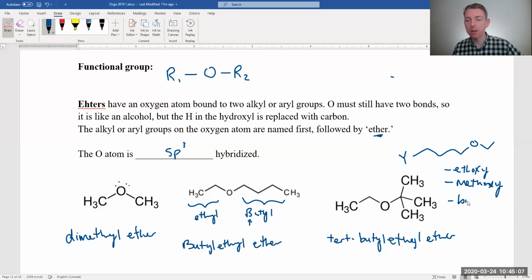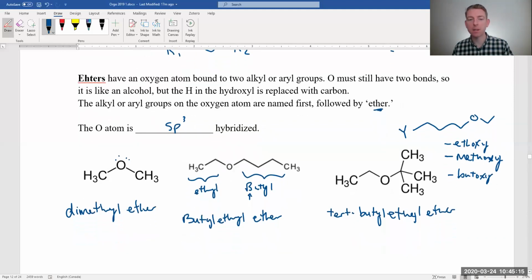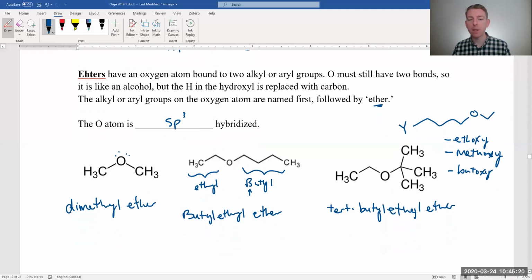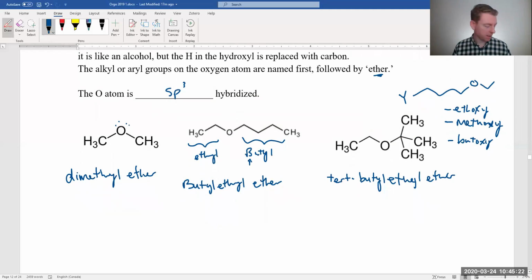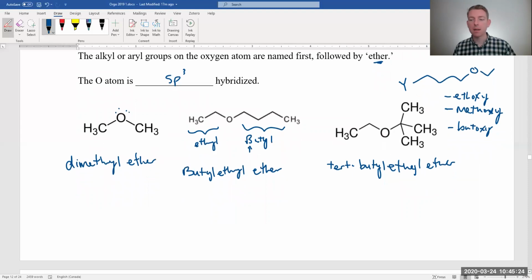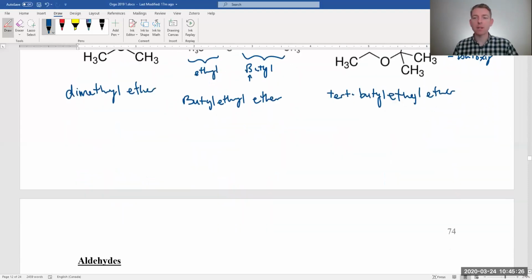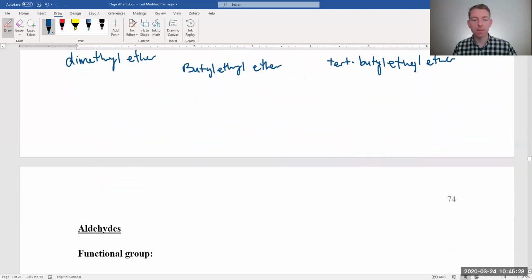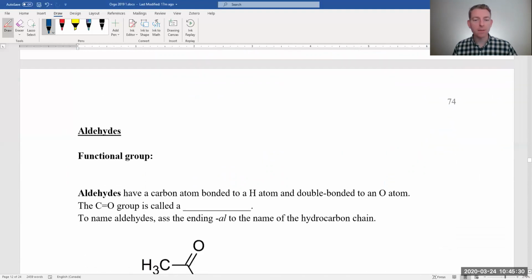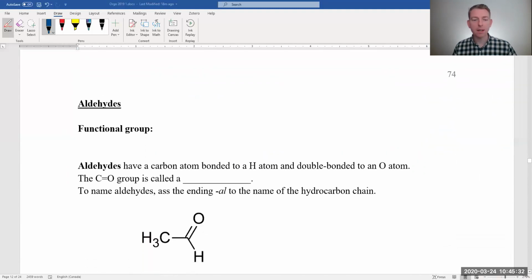We could have butoxy. Okay, tert-butoxy, and it just carries on like that. Okay, so that's the naming convention for the ether. Ethers are often quite fruity smelling. They'll show up in flavorings like that. They're generally fine.